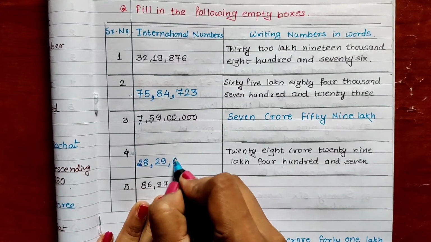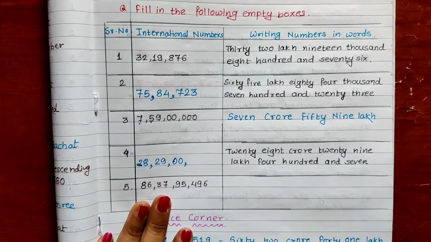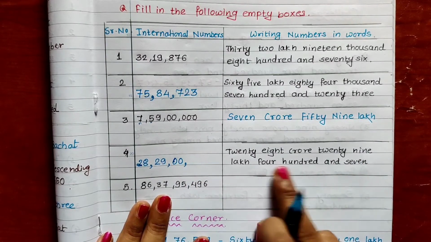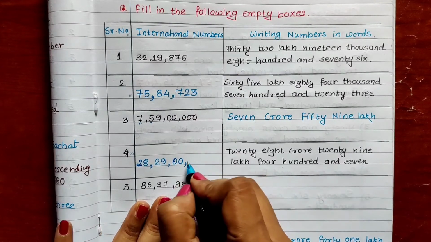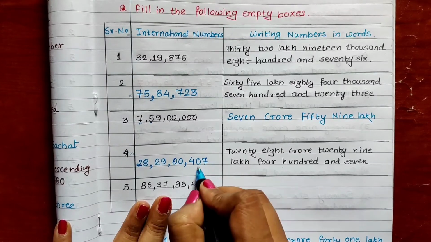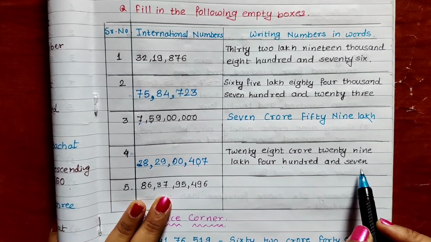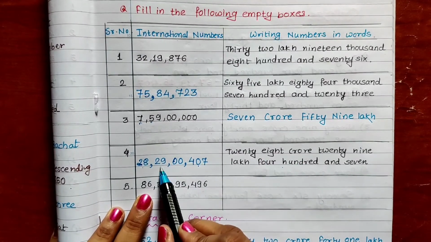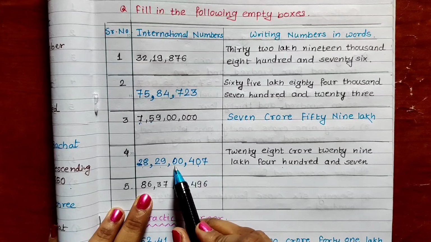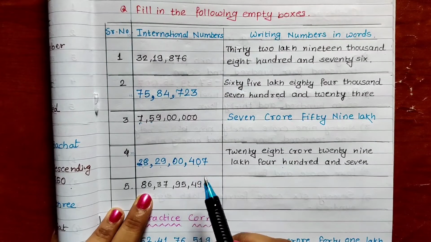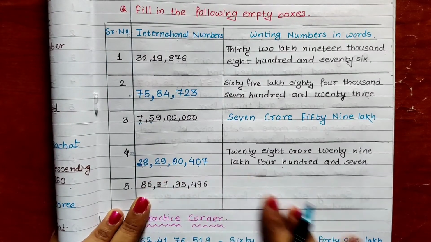So at the 10,000 and 1000 places we write 0 0, because nothing is there. Direct 400, the hundreds place digit is given. So 400 and 07, because the tens place digit is also not given. Direct 7, that means the unit place digit is given. So 28 crore, 29 lakh, 407. In this way you can write this 9 digit number.